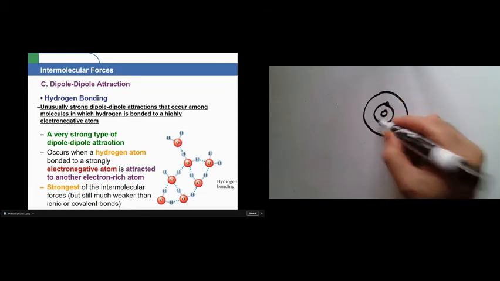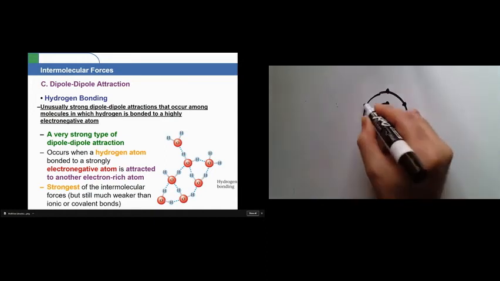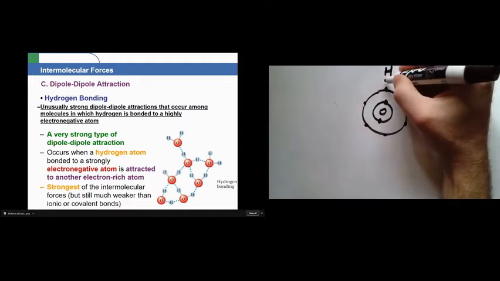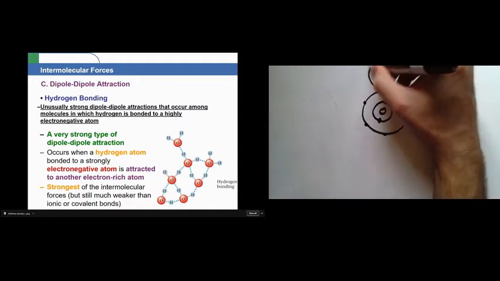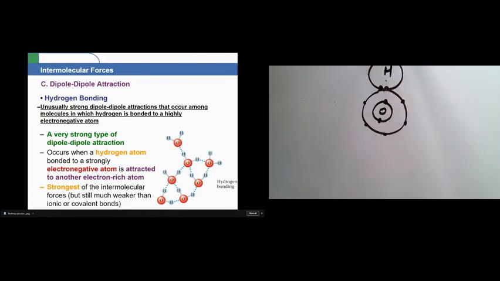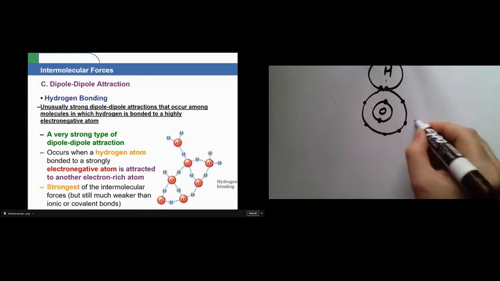The innermost layer has 2 electrons, and then 1, 2, 3, 4, 5, 6 around its outermost. And in a water molecule, you would have it attached to a hydrogen where it would share a pair of electrons. And let's say we have another hydrogen here, okay?